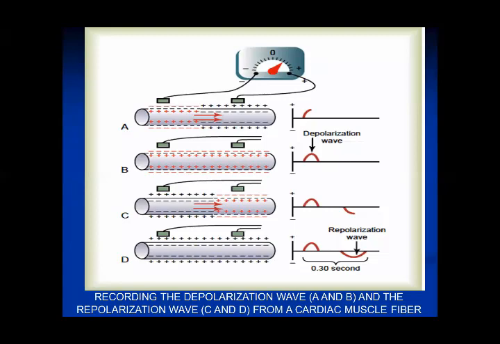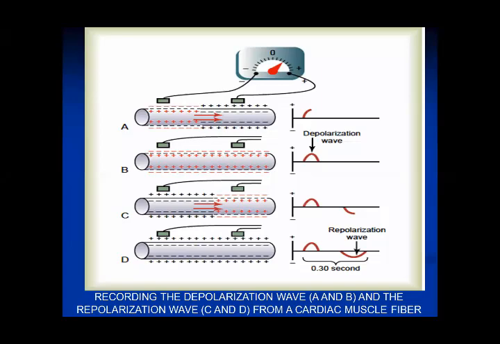So the whole outside is negative, which means there is no difference in polarity, so there would be no flow of current.